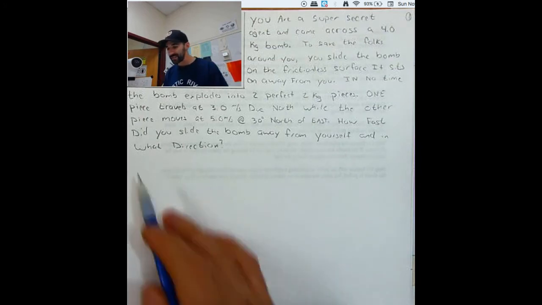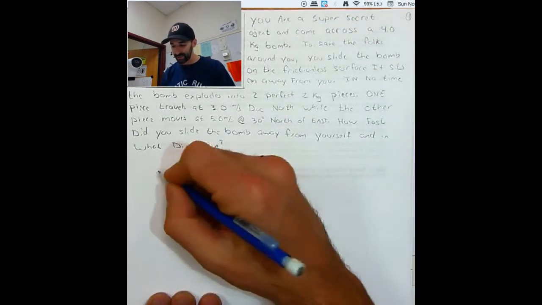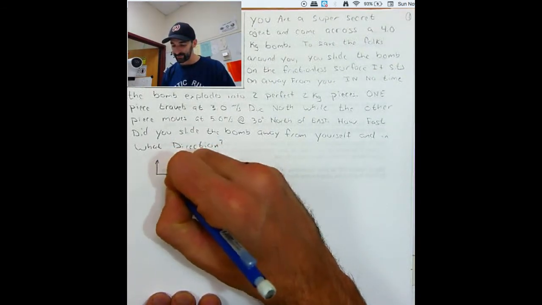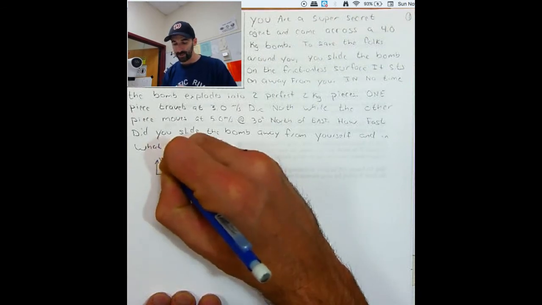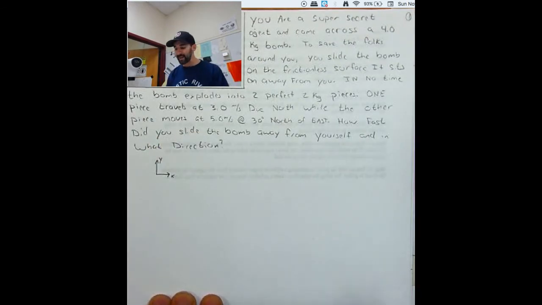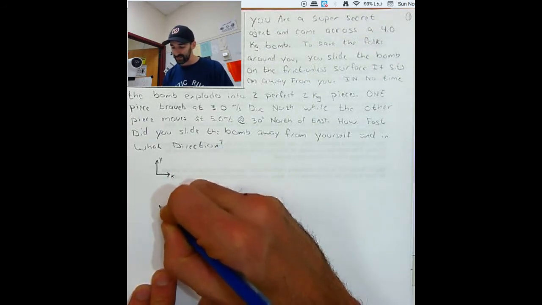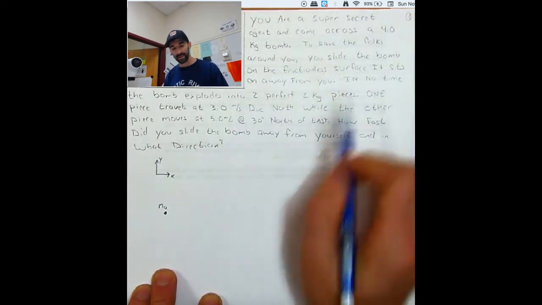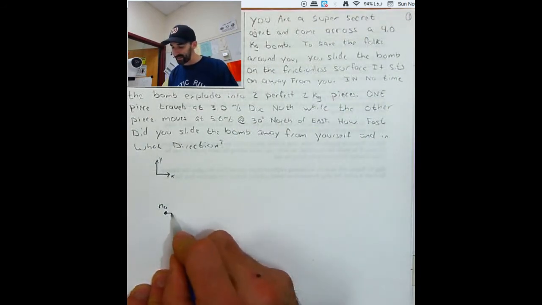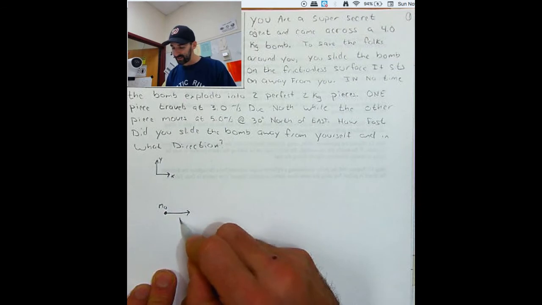So the first thing I'm going to do, like I said, is designate a coordinate system with my x and my y. Next, I'm going to sketch just the scenario of what's going to happen. I'm going to have my initial mass, m0, that would be my 4 kilogram object, and I'm going to give it some random initial velocity, v0.